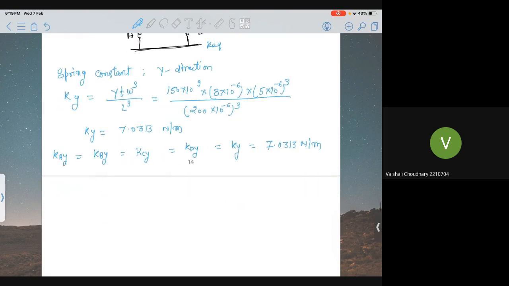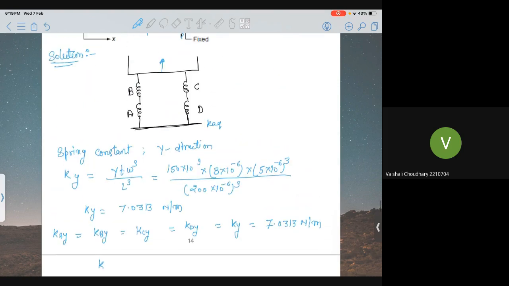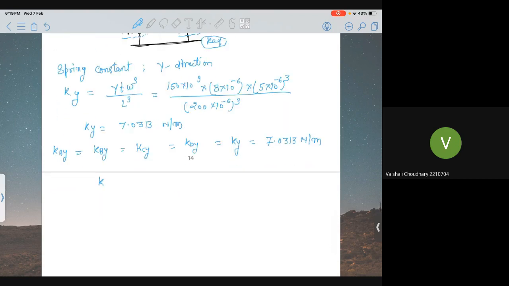So the equivalent spring constant for A and B, we'll write it as K equivalent AB, and for C and D, we'll denote it with K equivalent of CD, and for the whole, we'll denote it with K equivalent. So for K equivalent of AB, these two springs are in series.